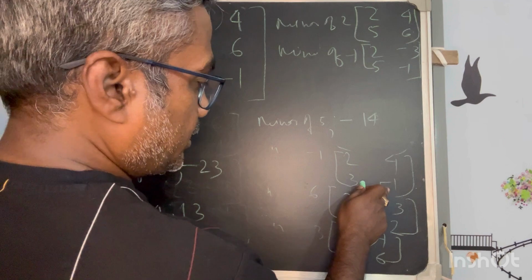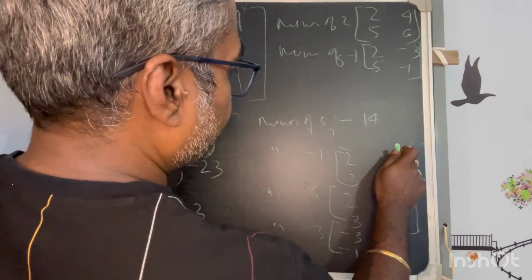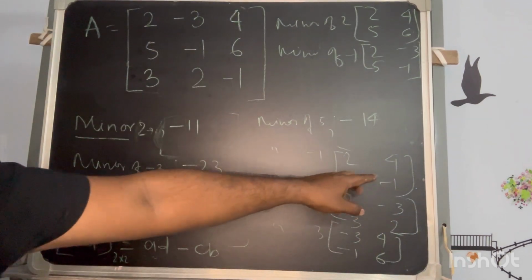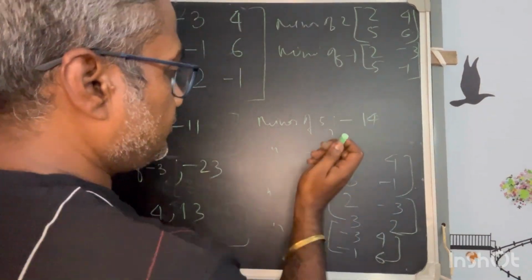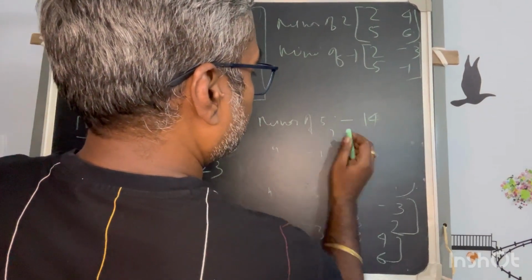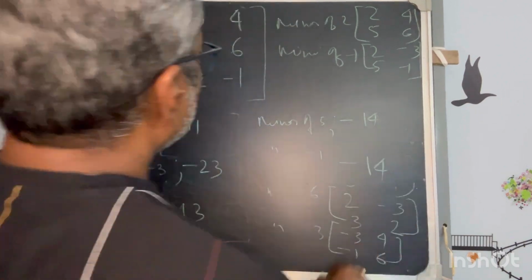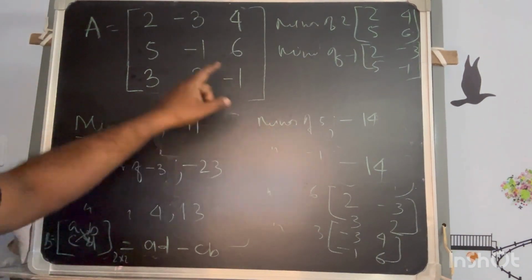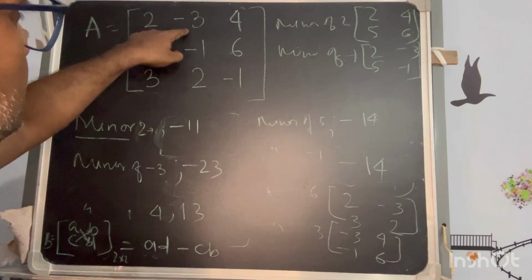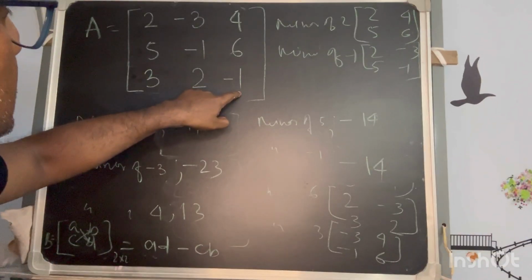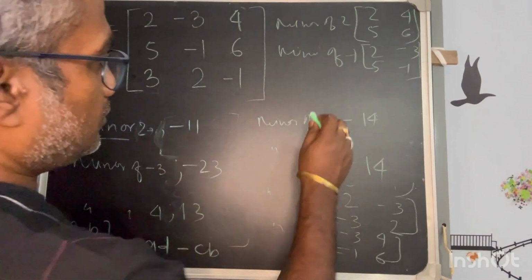Minus 14. What value will come? 2 minus 2, and this is minus 2, and this is 4, no? Yes, 4 into 3 minus 14 again. This is minus 1, the earlier was 5, so this 5 will be minus 3 into 1 minus 3. Oh, I made it wrong, I suppose.